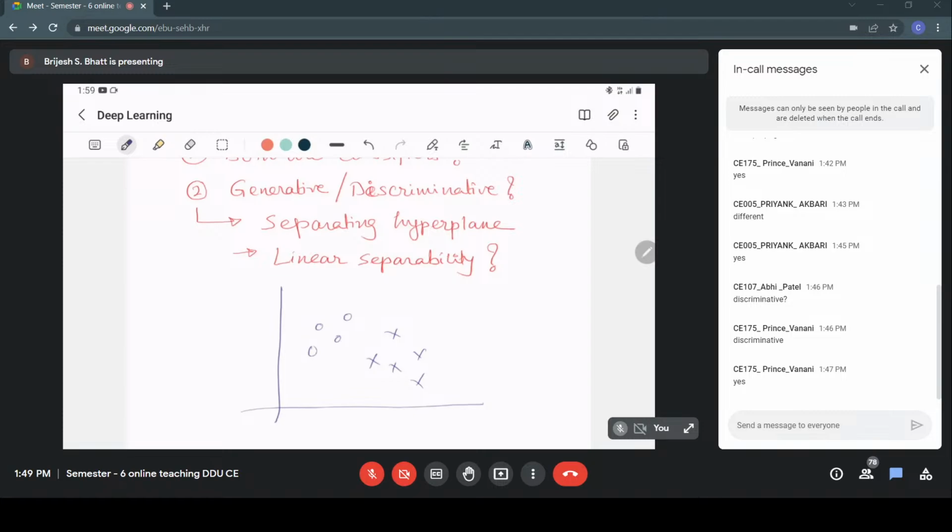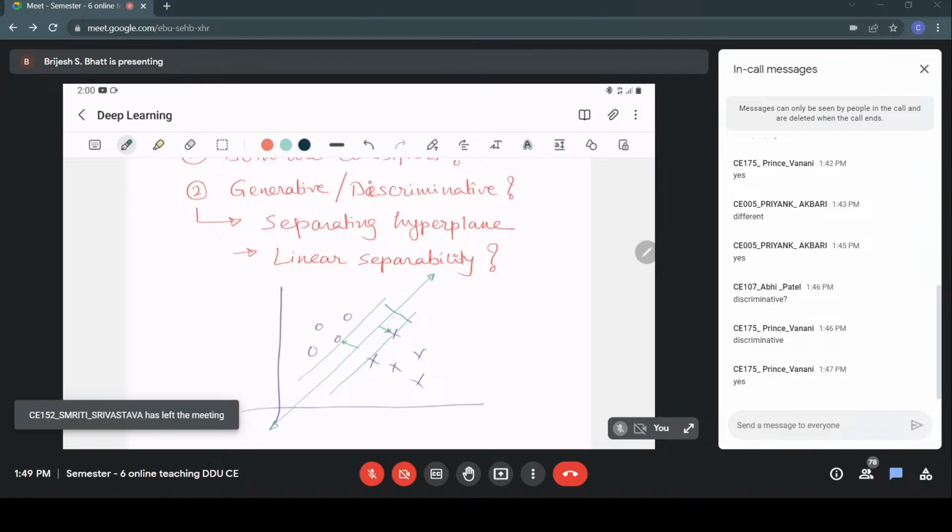If the data points are like this, then in case of SVM, you try to draw a line which is as far as possible from both data point boundaries. And you want to maximize that.